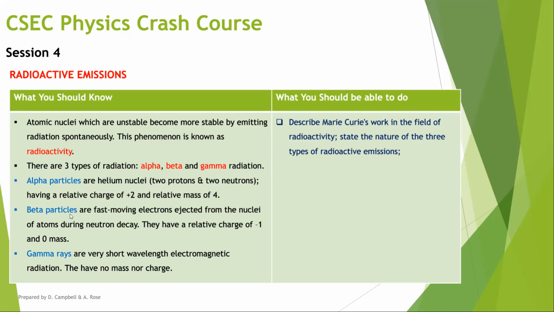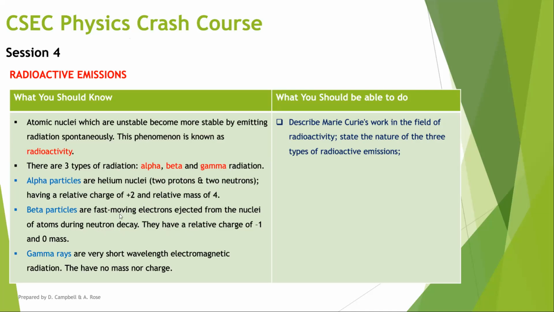Beta particles are fast-moving electrons, and these are produced inside of the nucleus when a neutron decays. Now, you have to be careful with this one, because you have to state that they are fast-moving electrons. They are not the regular electrons orbiting the nucleus.